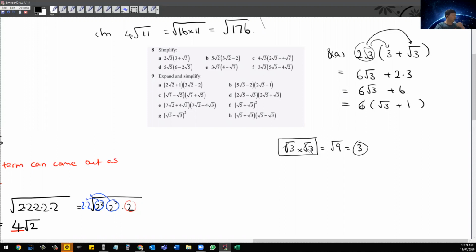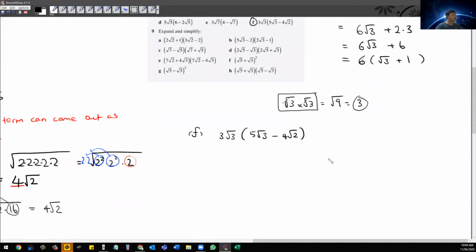All right, now we're going to do F. F is 3 root 3 plus 5 root 3 minus 4 root 2. So try that yourself. All right, first of all, this one times this one is 15.